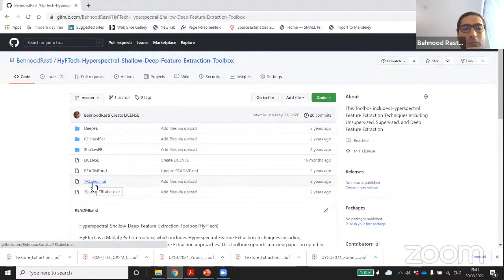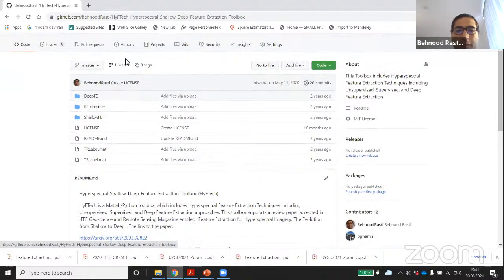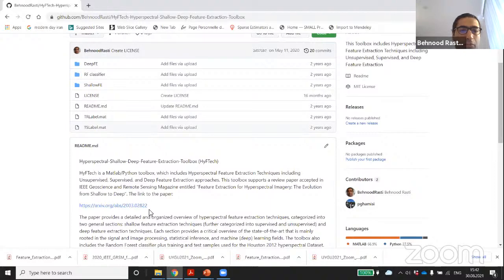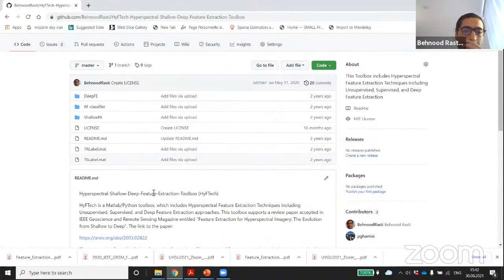And then we have labeled samples, training samples and also test samples, for the 2013 dataset that you can use, with the link that I sent you, to reproduce the results. And this would be basically most of the information that you need.